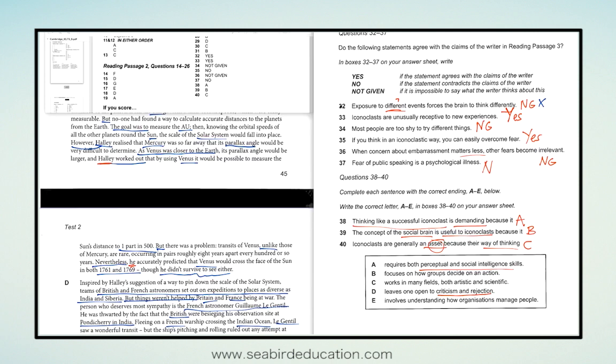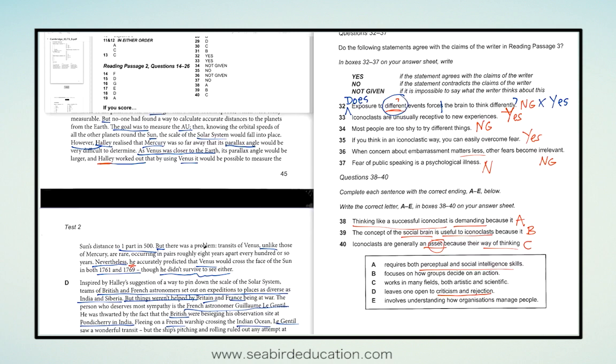It's very embarrassing. Okay, so again, does exposure to different events force the brain to think differently? Apparently the answer is yes. Now remember, I didn't like this word "different". I don't know if they're referring to something else.